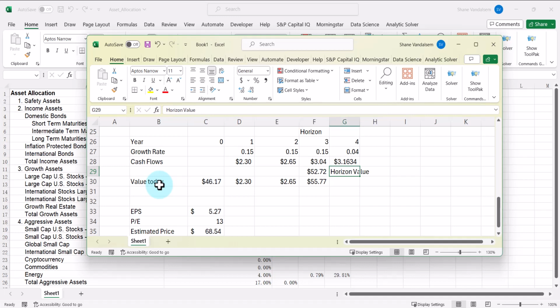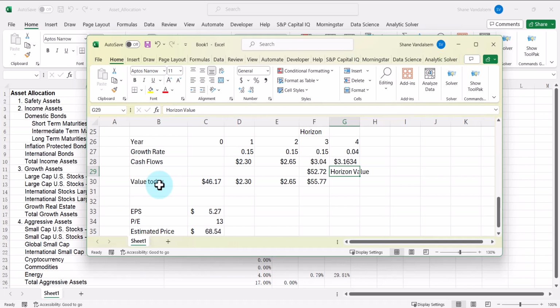We calculated at time 4 at this point because we're looking at the trailing PE. So we're looking at the point in time where the earnings per share of $5.27 that we calculated is for the trailing 12 months for when this price to earnings ratio is being calculated.